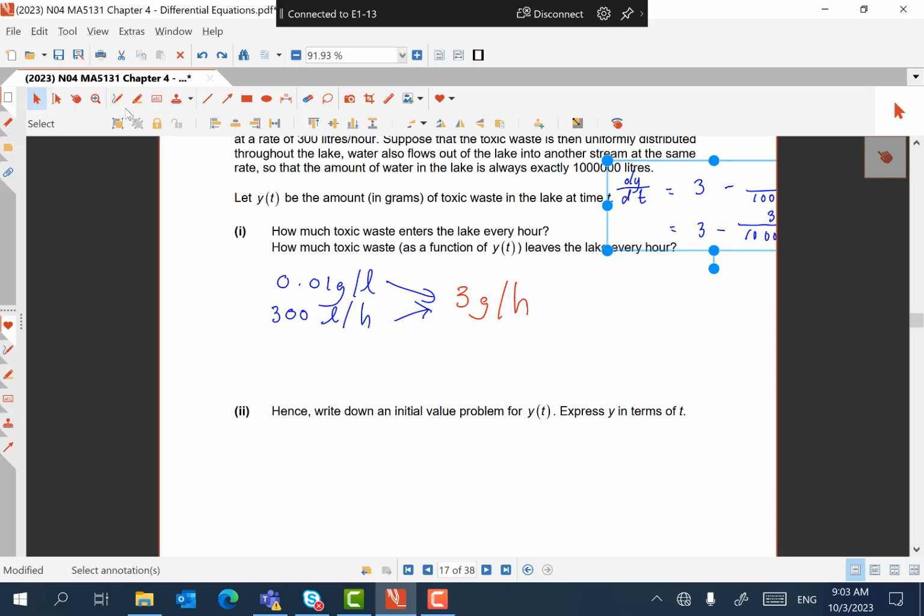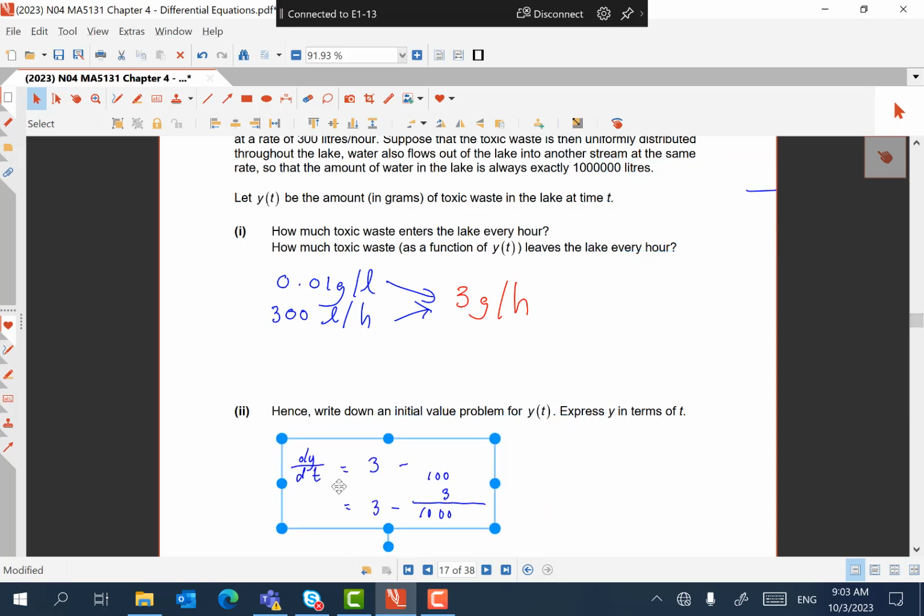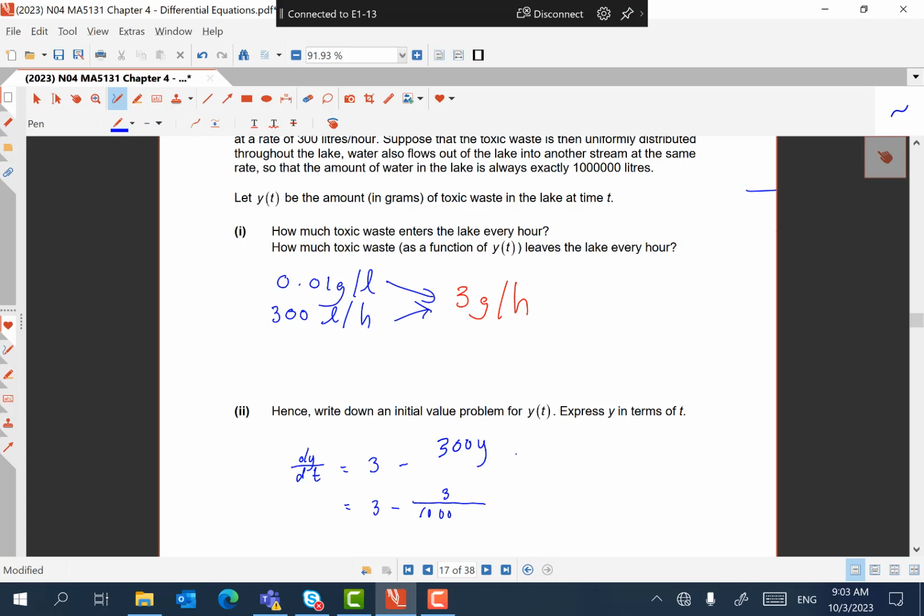I'm going to do it again. Oh shucks, the thing really went missing. Okay, bad luck for me. So it's going to be 300 y over a million.